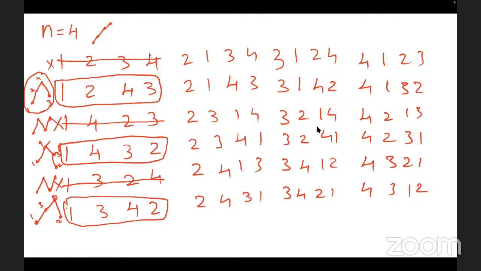Then just find the mountain peak sequences for the next 3 rows. So here, how many mountain peak sequences? 3. Sorry, here 2, 3, 4, 1 is a mountain peak sequence, because 2, 3, 4, 1.